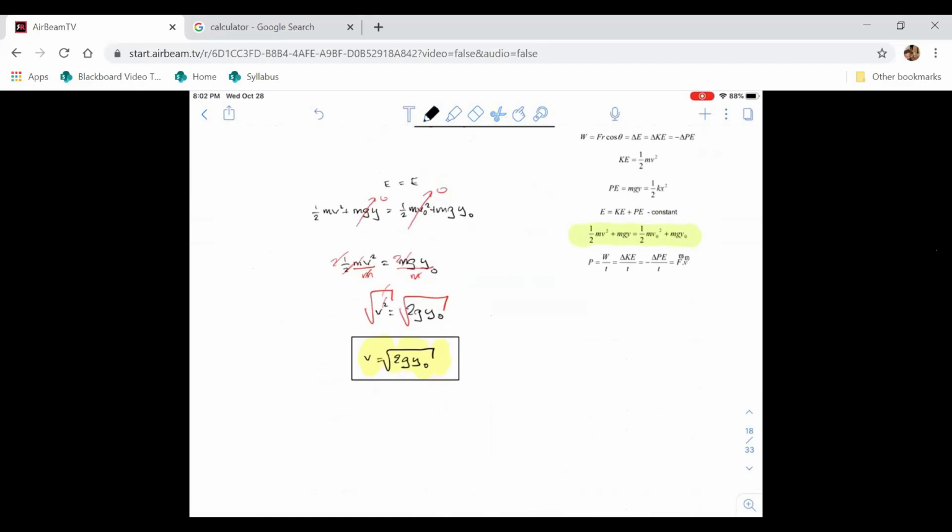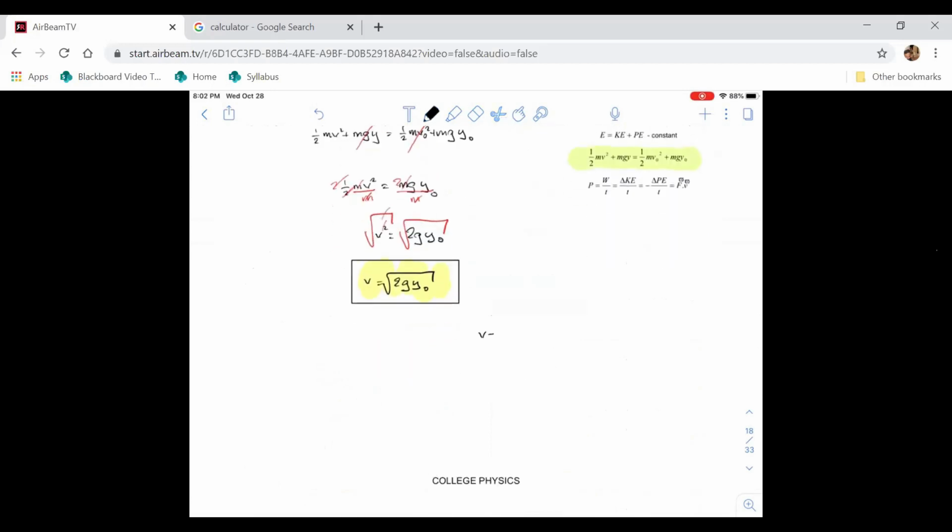So the speed is going to depend on the height. So what do we have? So it's going to be 2 times g, roughly about 10, times the initial height. So it's going to be 82.32. All right, so multiply and take the square root. I'll give you 40.57.